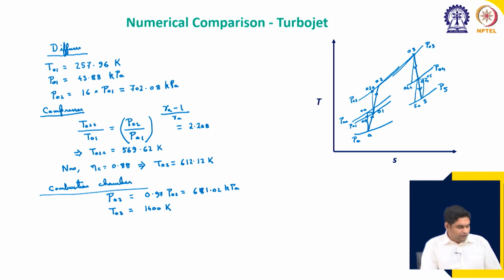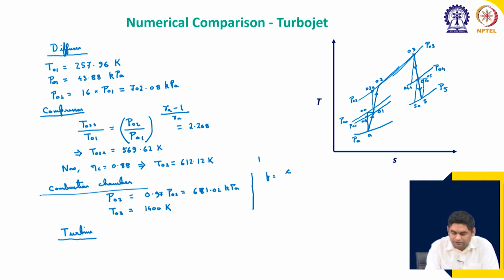Then what is the next task? We have to solve for the turbine. Before that, do we need to find anything else? We need to find the fuel air ratio. Okay. So, how do we find it?